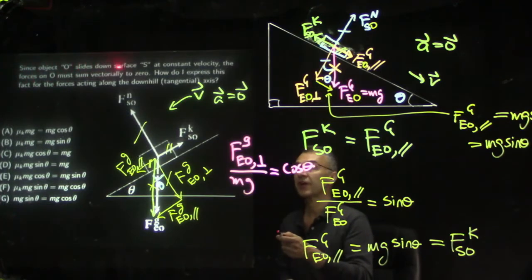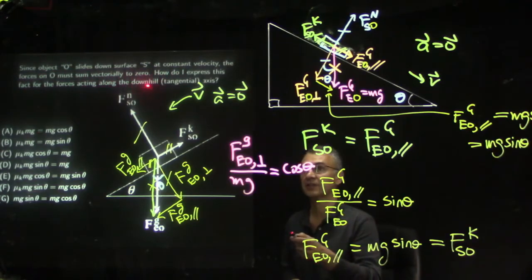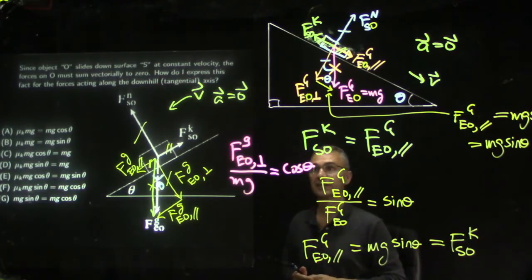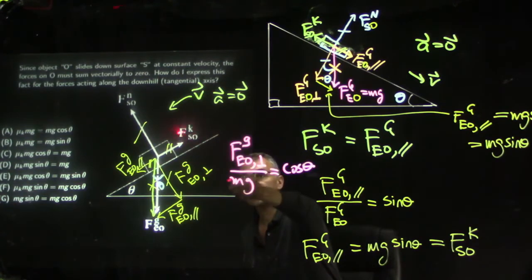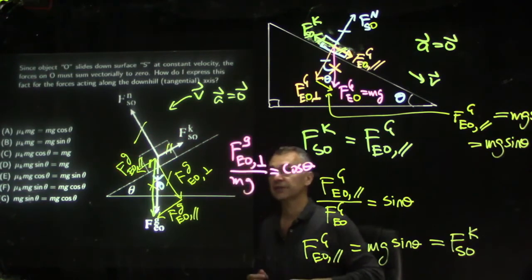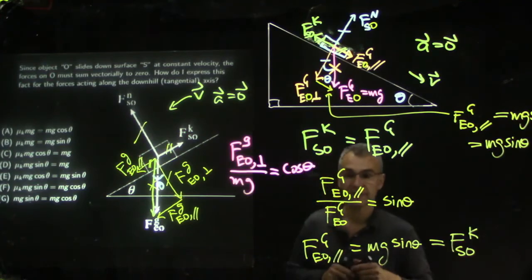Since the object is sliding down the surface at constant velocity, the forces acting on O must sum vectorially to 0. How do I express this fact for the forces acting along the downhill, that's the parallel or tangential axis? So in that case, you're saying that the uphill frictional force must be the same in magnitude as the downhill component of gravity.